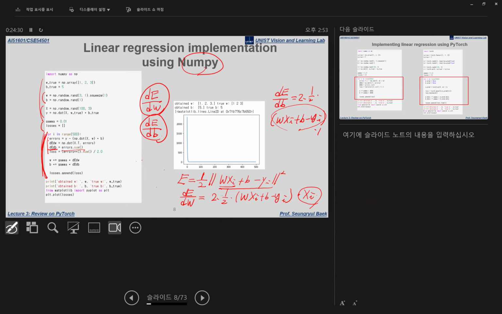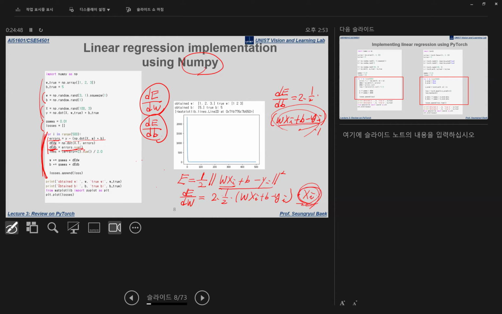You can see this term is the same as this, because we define errors as this term. So dE/dB is the same as this term, and dE/dW is the same term multiplied by this x.